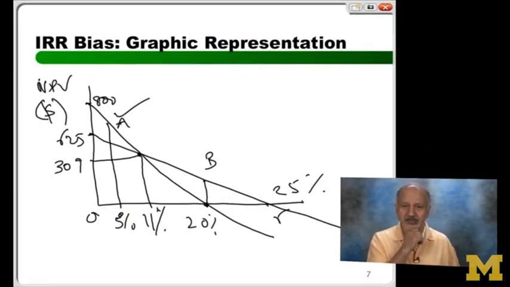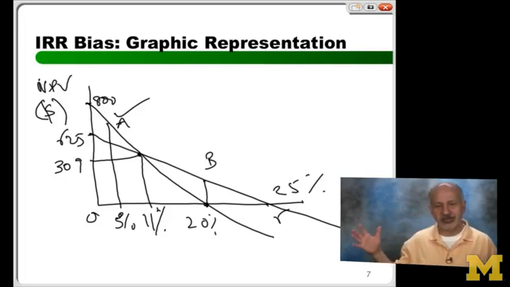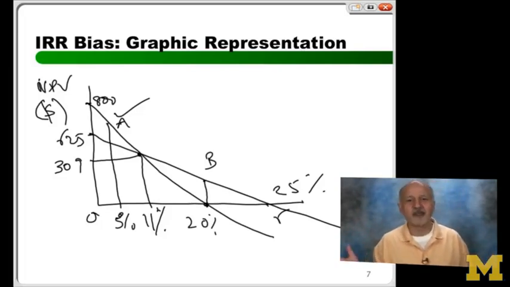Let me ask you a simple question and then we'll take a break. When would you choose neither? It's very simple. Stare at this graph. When would you not choose either one? Well, at what rates of return that the competition is operating at are both projects negative NPV?